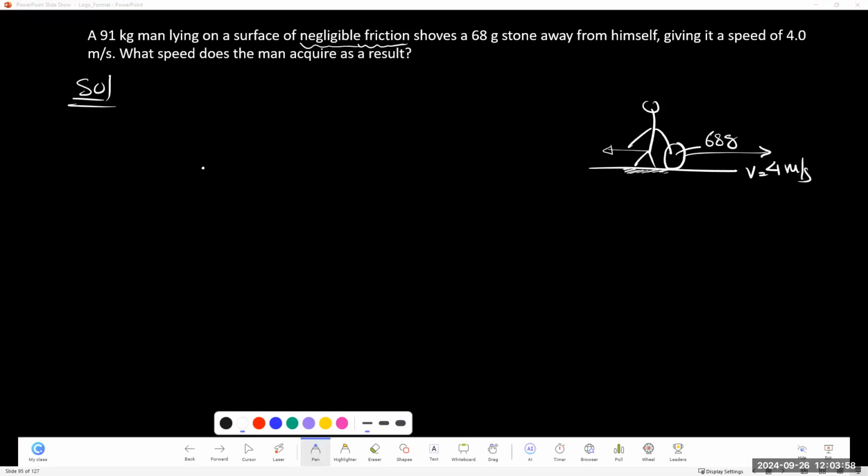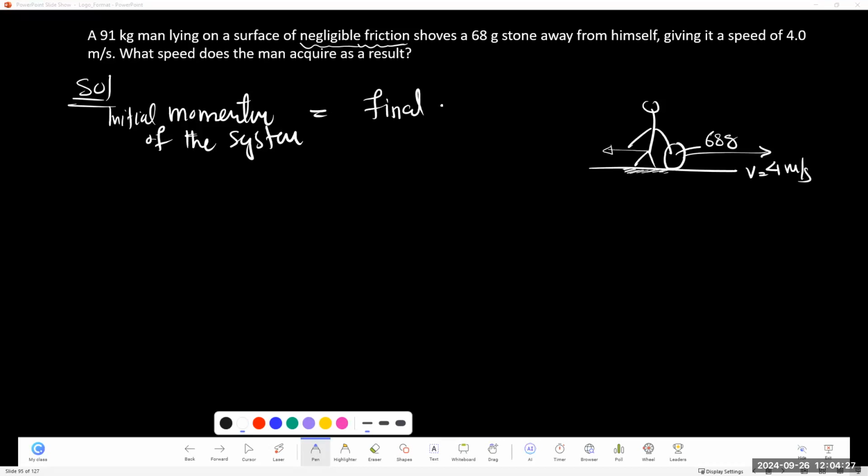the equation of momentum. So initially the man is not moving, the stone is not moving, right? So I'm going to be writing the initial momentum of the system must be equal to the final momentum of the system.